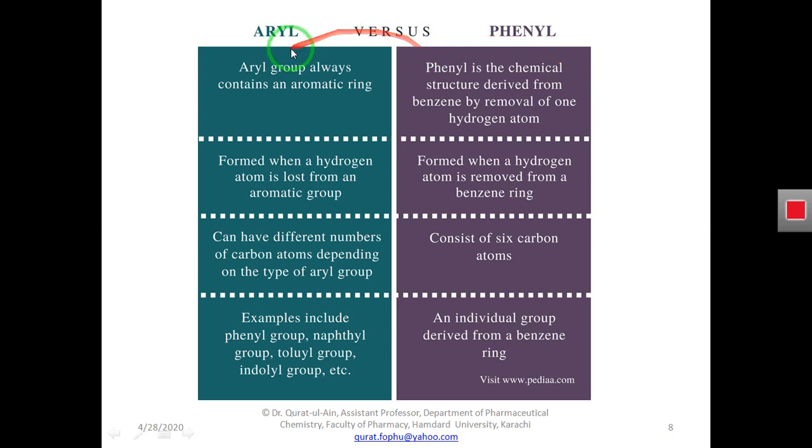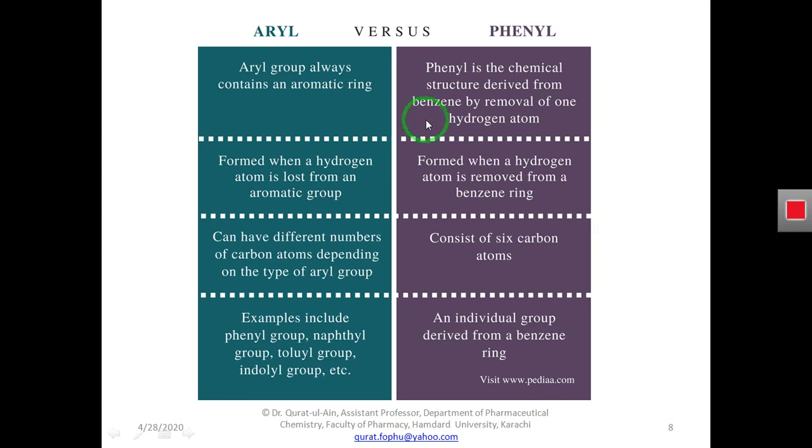So what is the difference between phenyl and aryl? We already studied the aryl group. Now we will see the difference between aryl and phenyl groups. An aryl group always contains an aromatic ring, and phenyl is the chemical structure derived from benzene by removal of one hydrogen atom.